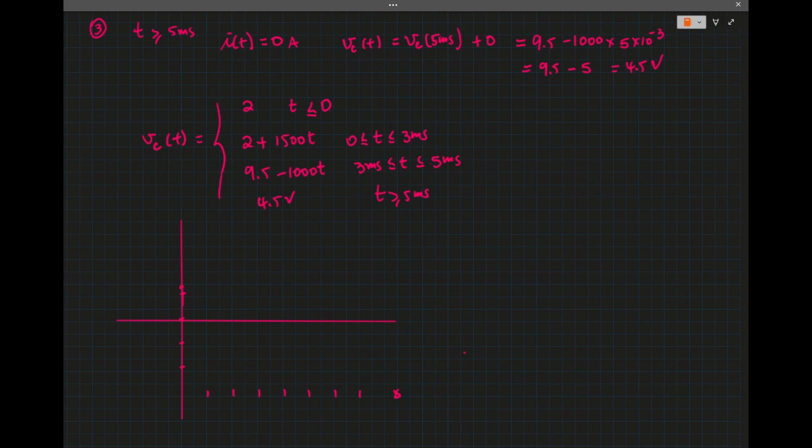Let's say I could just do it this way. This axis is not properly scaled, so let me scale it properly.